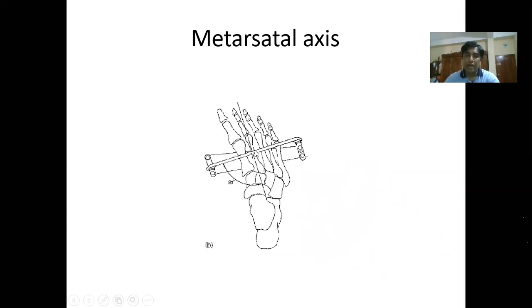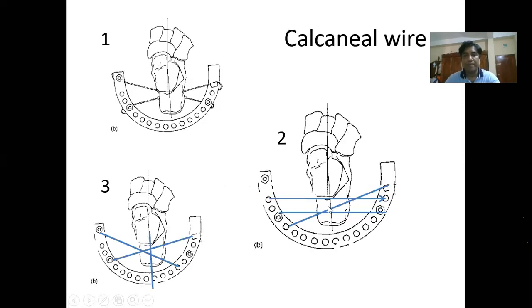The second metatarsal is the axis, and the ring should be perpendicular to the second metatarsal, whatever the wire direction is. So this is a very important tip during frame assembly in the foot.